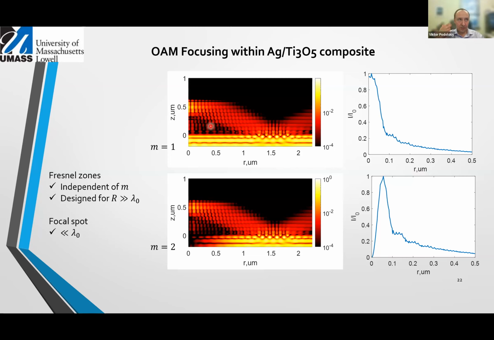To give you a sense of how much light you lose or how much light you can focus, you can see the intensity scale on this setup. From this, you can roughly see that you can achieve intensities at the focal spot that are somewhat comparable, slightly lower than the intensity of your incoming beam.